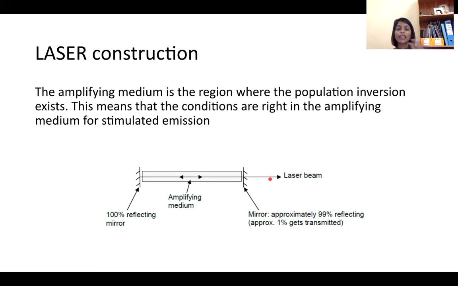Even if the lasing action is happening inside, if we don't let it come out of the system, we don't get any laser beam coming out. So that's why we have a mirror approximately 99% reflecting, and it allows only 1% to transmit out from the lasing device.